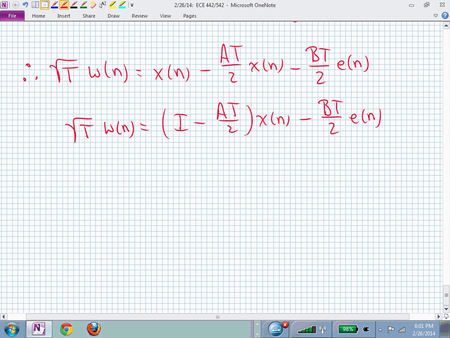Is that okay? Meaning, from this equation, I can now say that little x of n is equal to I minus at over 2 inverse, and let me account for that square root of t.